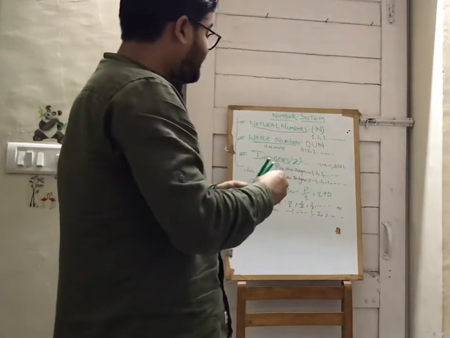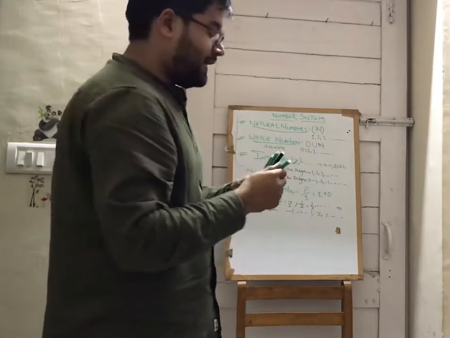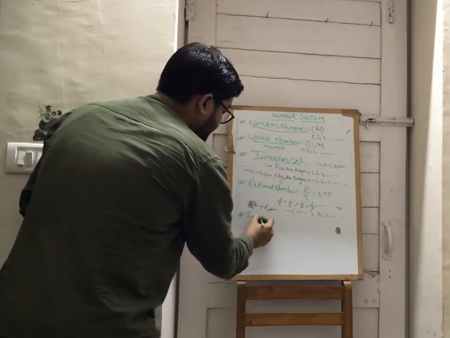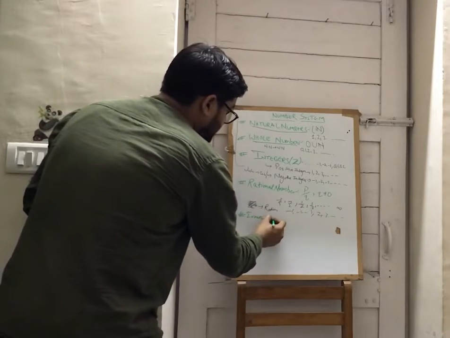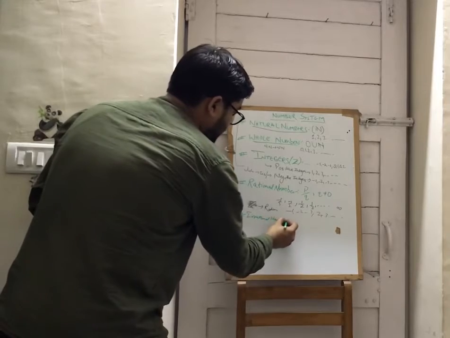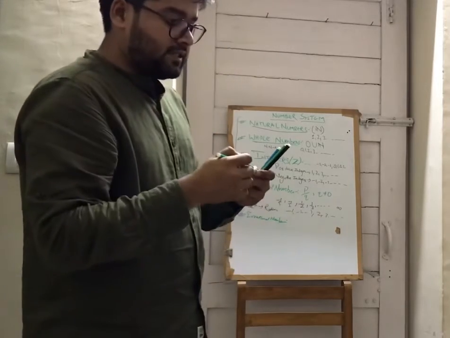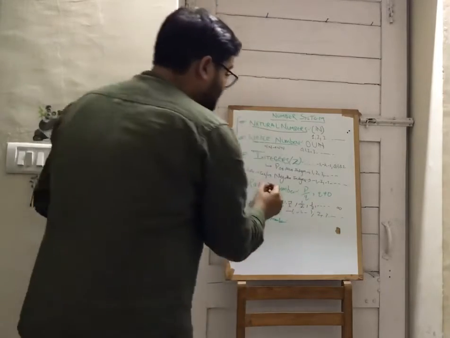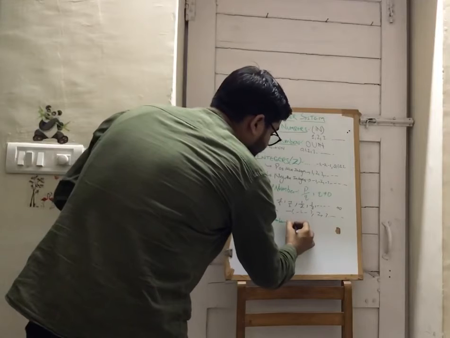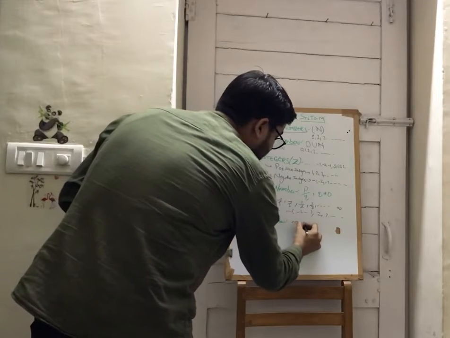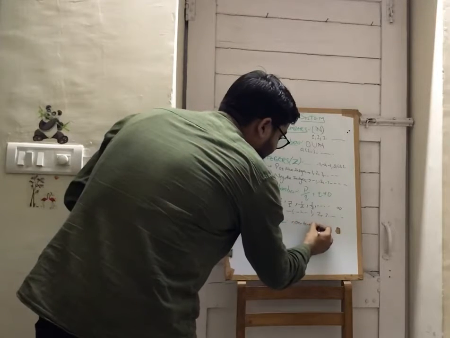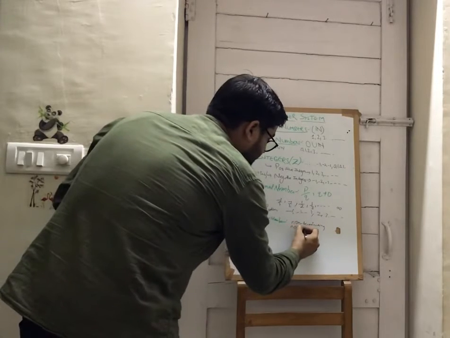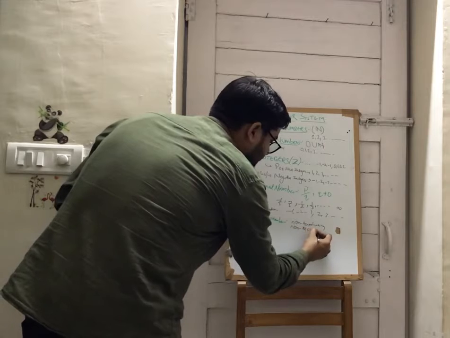Okay, after that one more number is added, that is irrational numbers. Now, one more question arises: Sir, what are irrational numbers, when we already know the rational numbers? Irrational numbers are those numbers which are non-terminating and non-recurring.